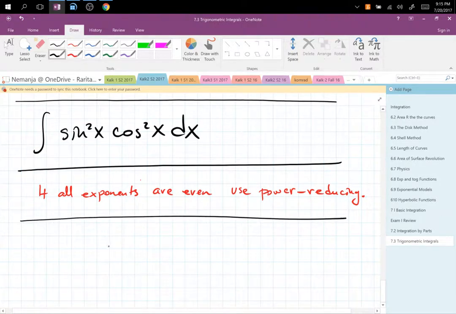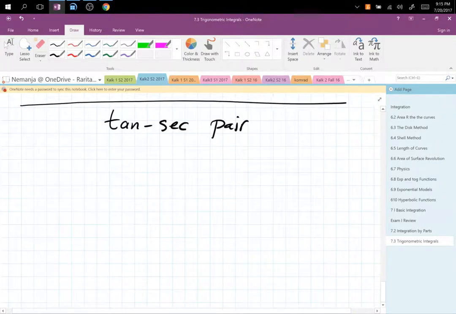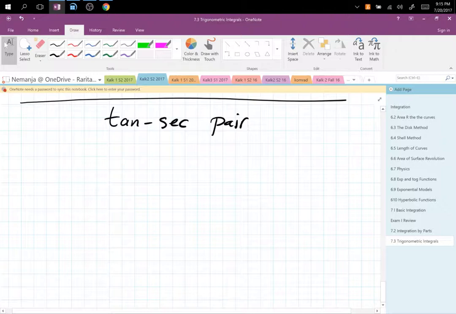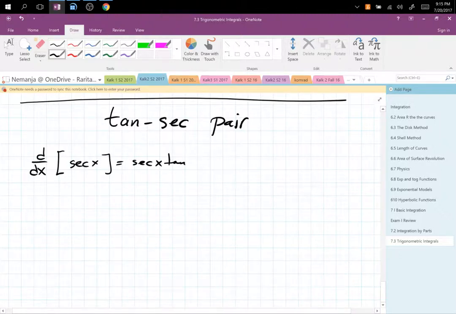Now we go with tangent secant pairs. I always start with remembering for the 50th time in this class that the derivative of secant x is secant x tangent x, and the derivative of tangent x is secant squared x.